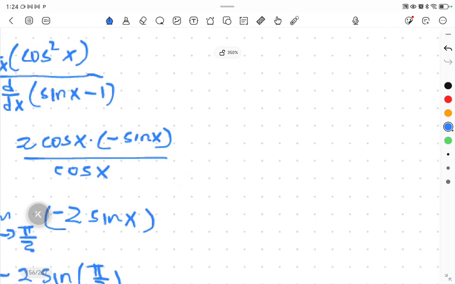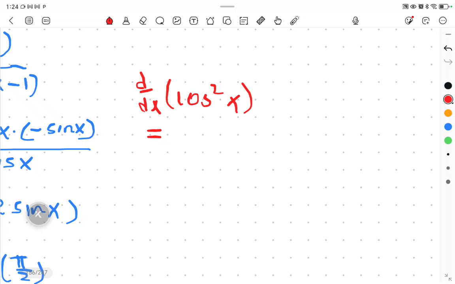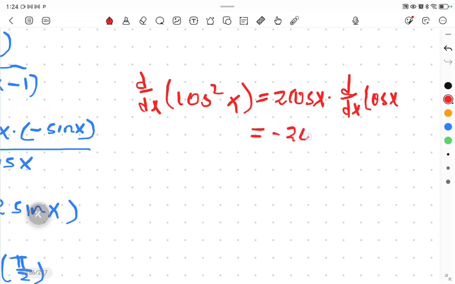And I'll remind you of this. We know that the derivative of cos squared x is equal to 2 cos of x times the derivative of cos of x, and this would be minus 2 cos of x sine of x.